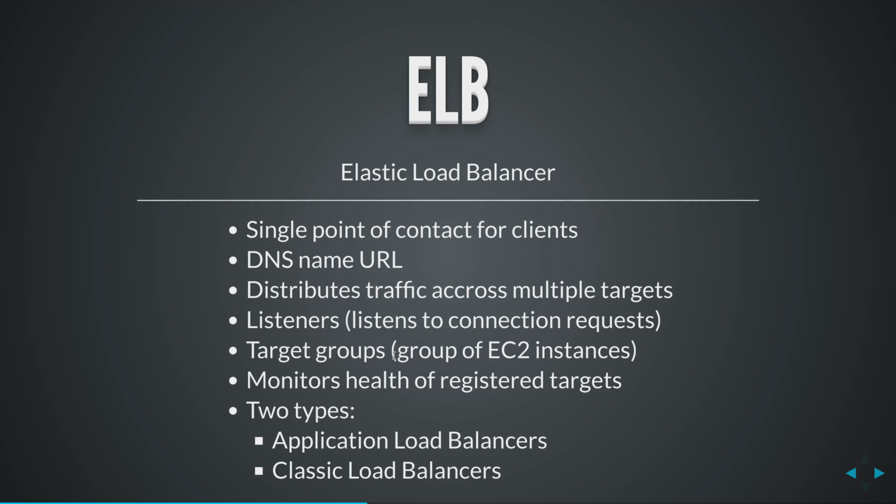There are two types of load balancers. A more recent one is the application load balancer, and the classic one obviously is the classic load balancer. For our purpose, it doesn't really matter which one we are using. In our demo, we'll be using the application load balancer.